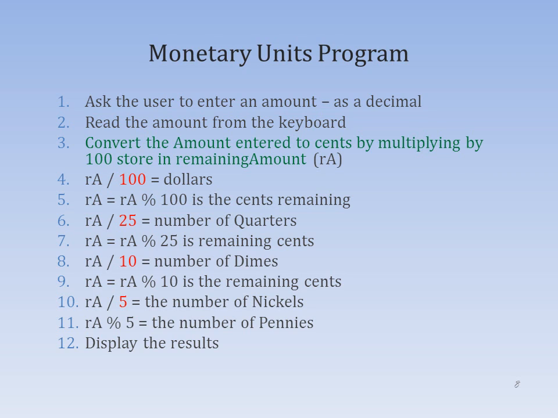So I divide the cents by 25, and that tells me the number of quarters I have. And then I get the remainder of dividing the cents by 25, and so on. So it's a pretty straightforward algorithm. Notice that the choice of the divisor is important in solving the problem. And finally, I display my results.